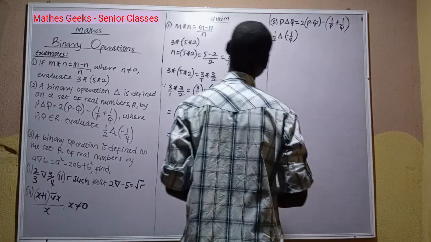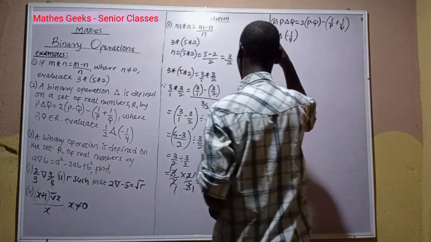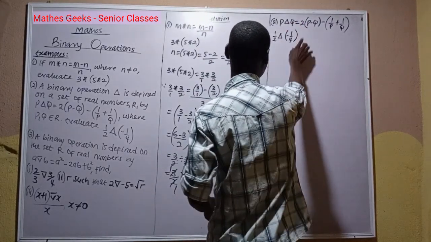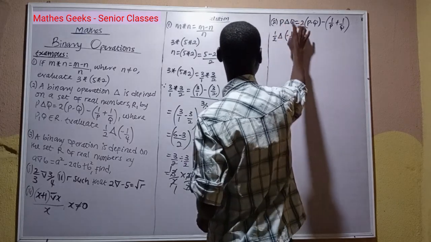In this case, since the operation is between 2 elements only, we can proceed gradually. So P is 1 over 2, Q is minus 1 over 4.